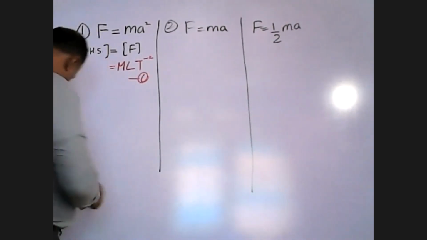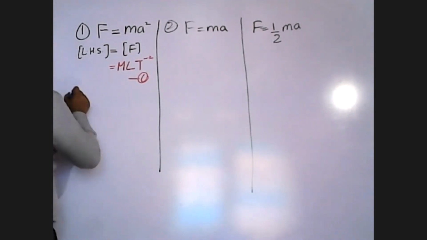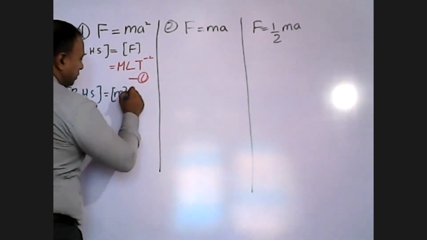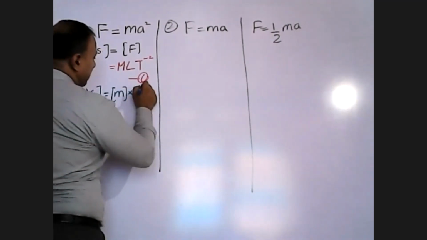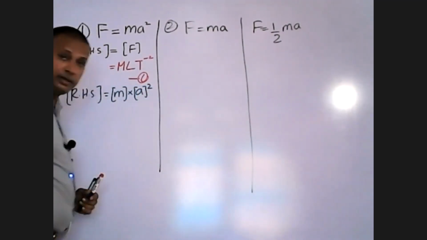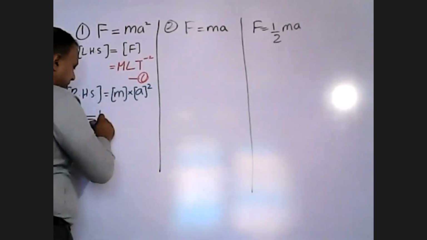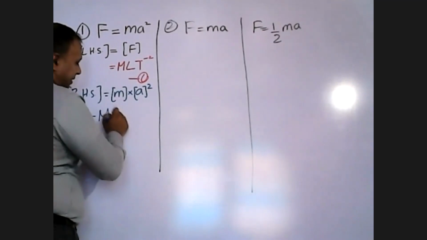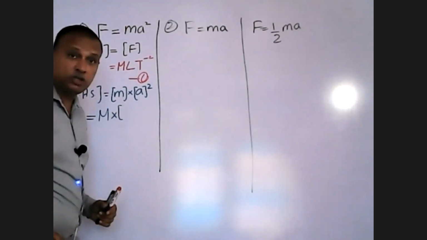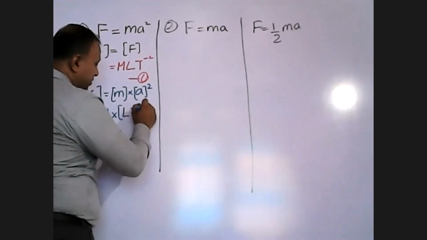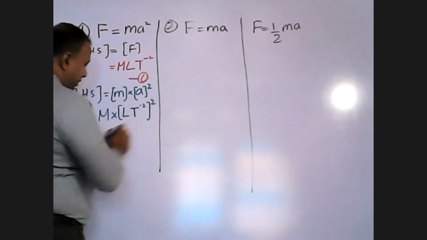Then the dimension of RHS. Dimension of RHS equals the dimension of M into the dimension of A squared. M is mass, and A is acceleration, so the dimension of A is LT minus 2, squared.